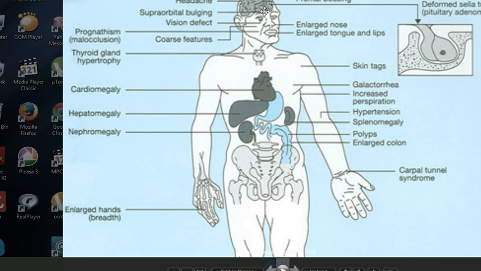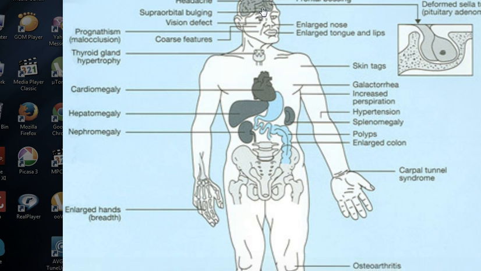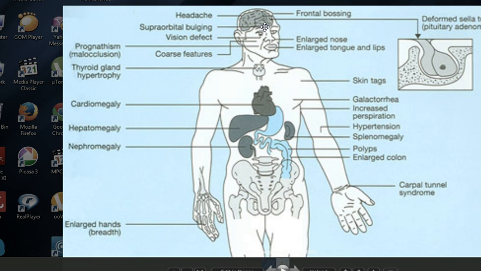Here is the macroadenoma, enlargement of the pituitary gland, causing headache, and compressing the optic nerve causing bitemporal hemianopia.